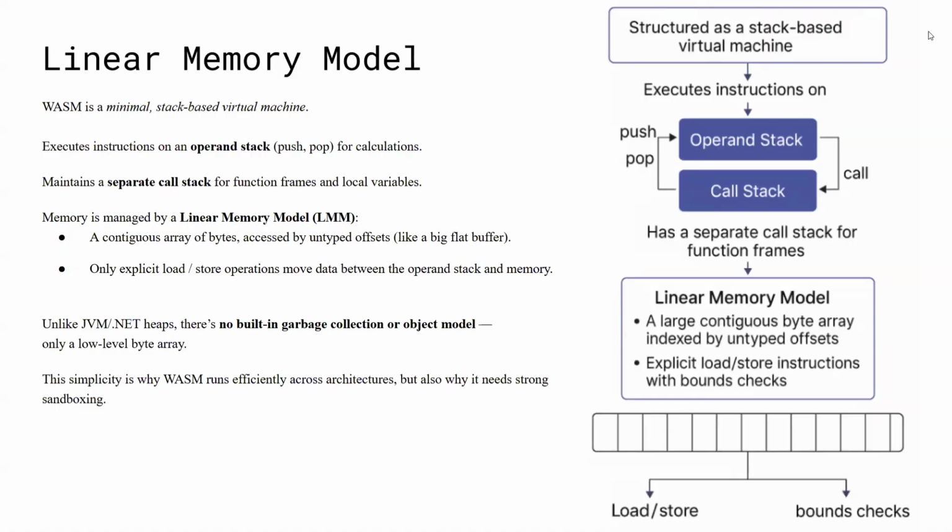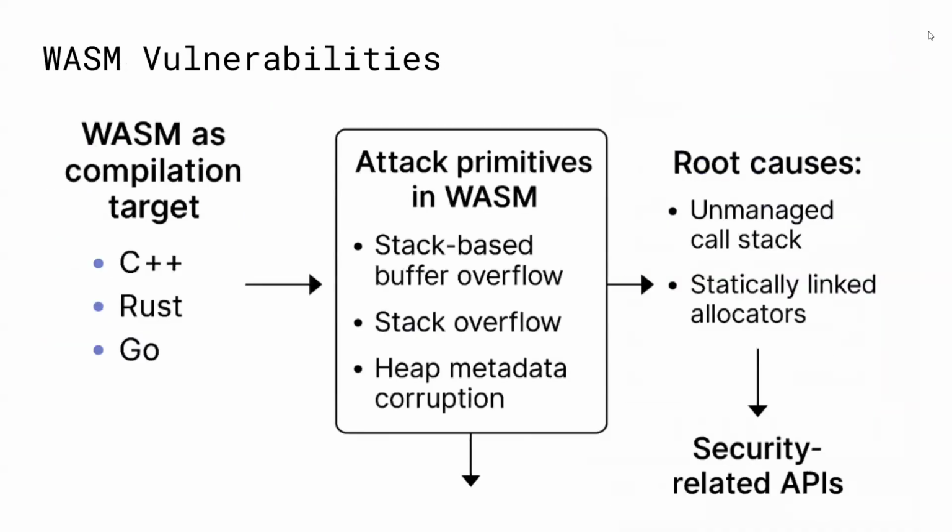And at this point in time, the linear memory model doesn't have any built-in garbage collection or any object-level programming or OOP concepts that we talk about in certain high-level languages. This is the reason why the memory model is constructed the way it is, and how the bytecode is pushed on top of it, that made WASM highly performant, near to the machine code runtime.